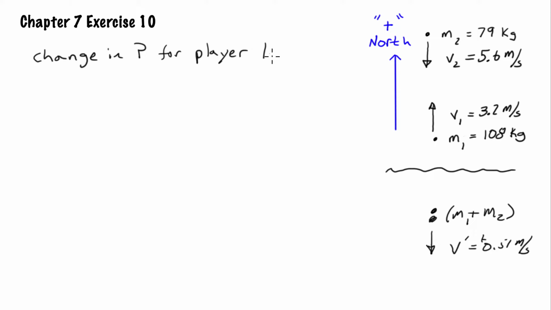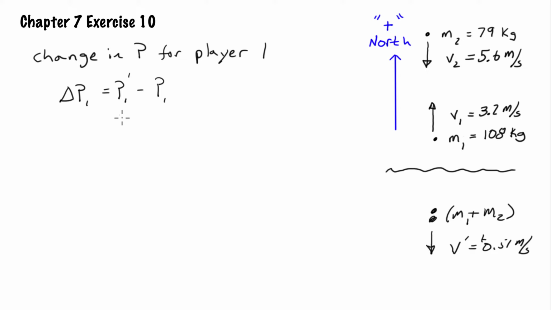Or if I wanted to come up with a symbol for that, I would like to calculate delta P for player 1, which, by the way, is calculated in the usual way. The momentum of player 1 afterwards minus the momentum of player 1 beforehand. We already have what the beforehand is. It's 346 directed to the north. We need to calculate the momentum of the player after they're stuck together.